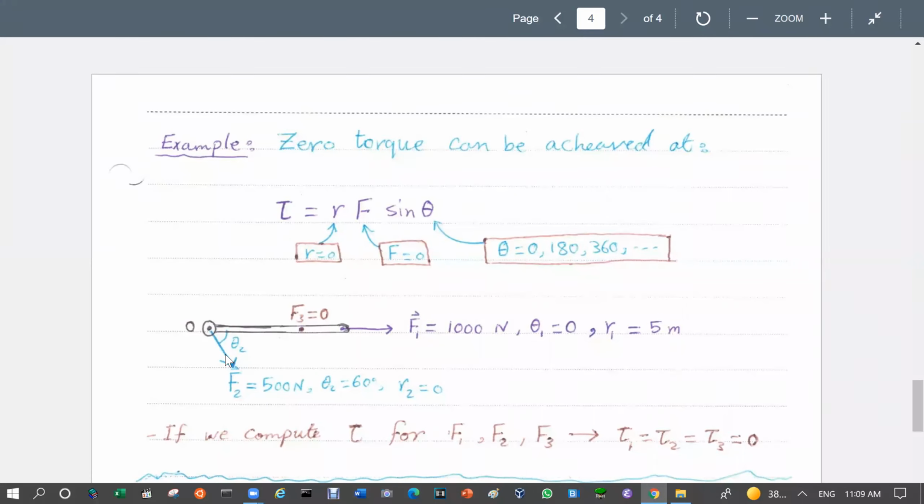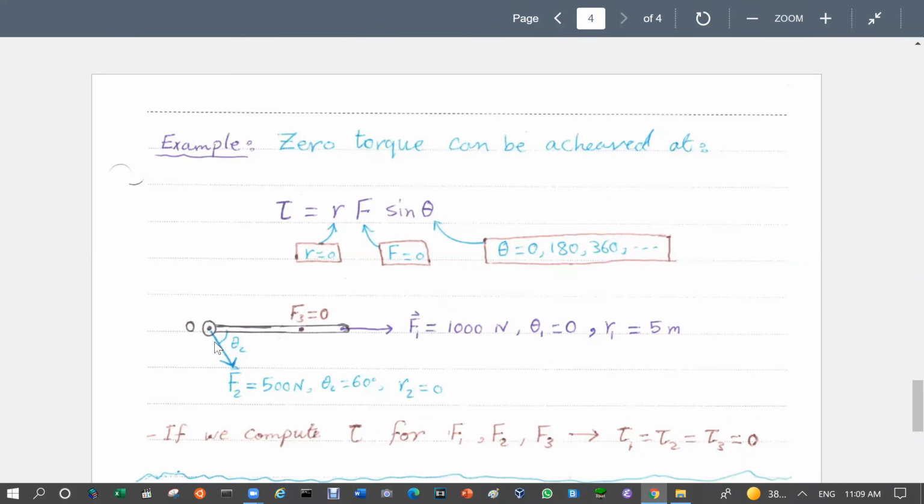For example, if the door in the classroom or in your room is rotating about its axis, and you act on the door at the point of rotation, which is the edge of the door at the axis of rotation, and you try to open that door, you will not be able to rotate it because R is 0 at this point.